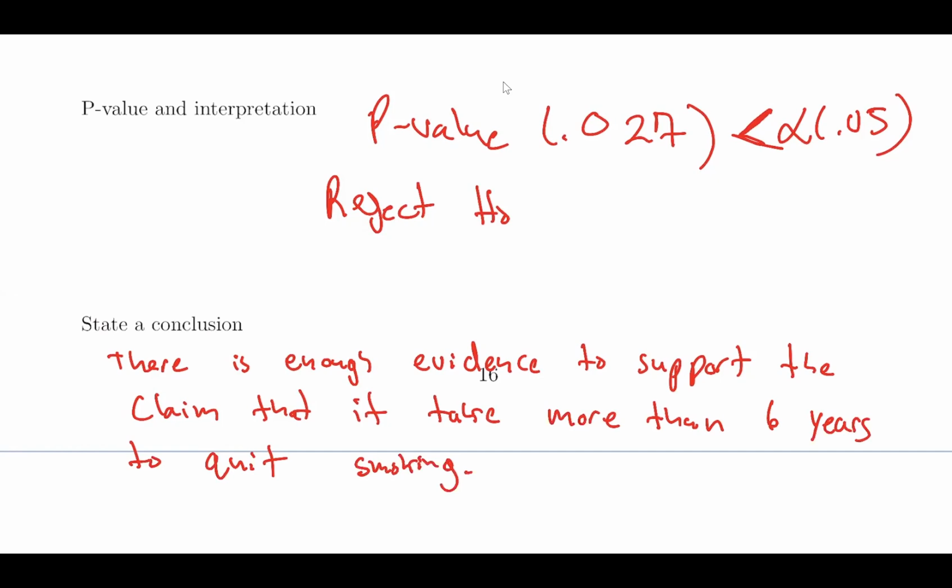All right. So that'll be your statement for this conclusion. So you say there is enough evidence to support the claim that it takes more than 6 years to quit smoking. And that'll be it for that conclusion. Any question for the last conclusion?